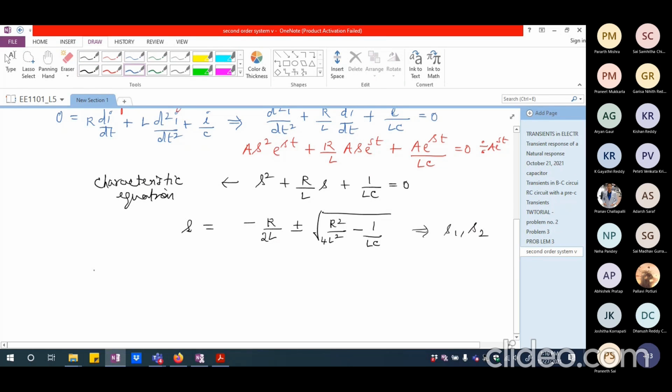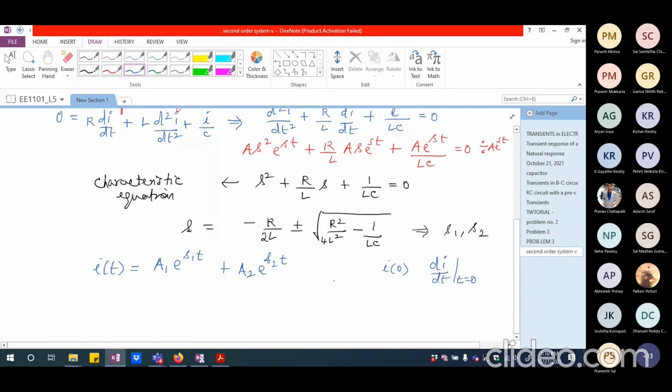So the generalized solution is I of t equal to some constant A1 multiplied by e power S1t plus another constant A2 e power S2t. It is a second order differential equation, so I have to get at least two initial conditions: I of 0 and di by dt at time t equal to 0.